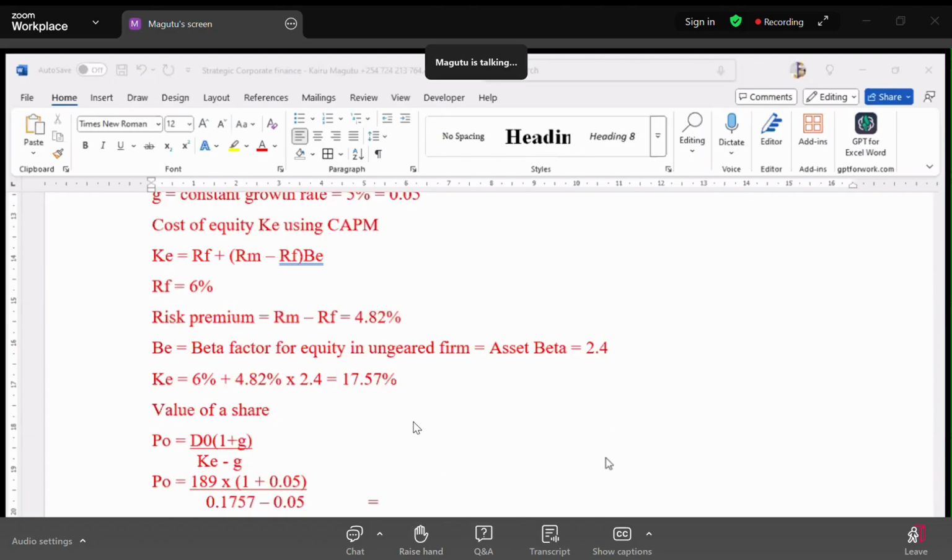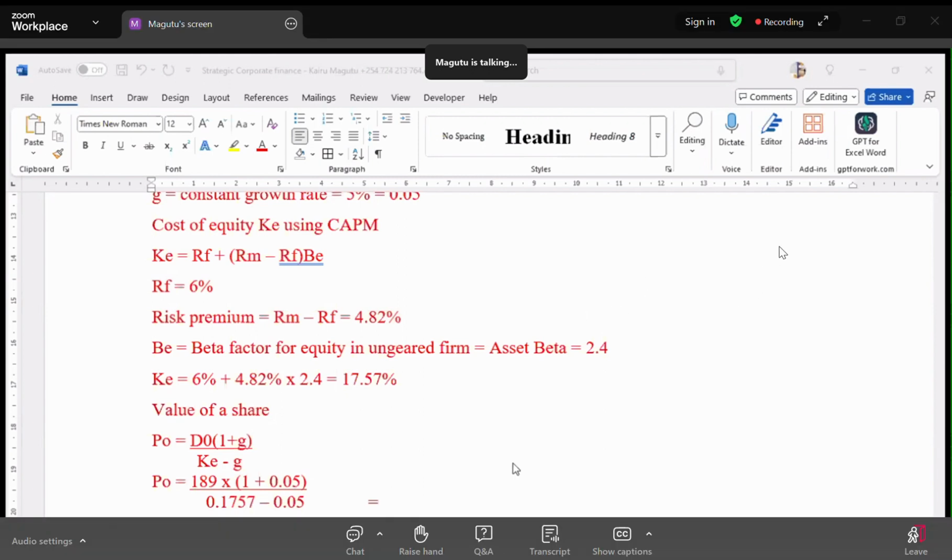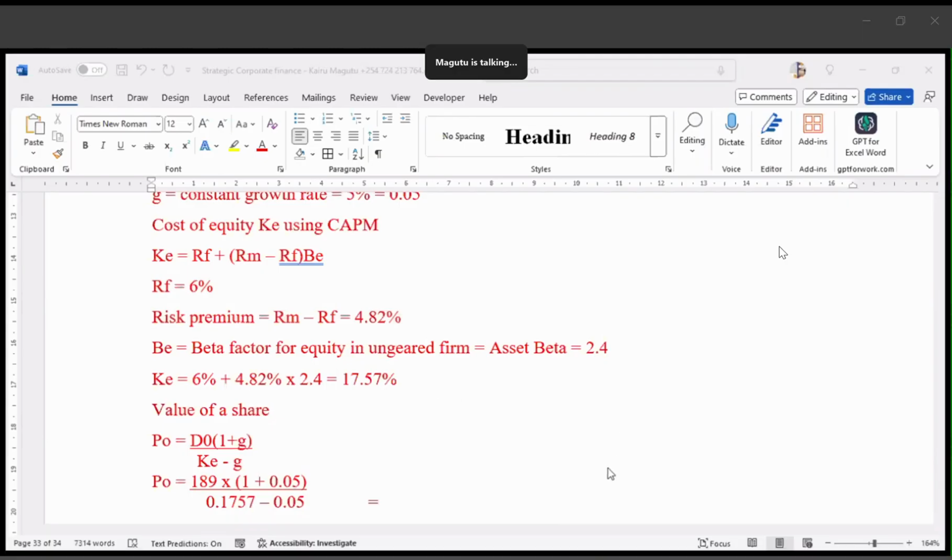How much is it? 1578.75. Another one says 14.28. 1578.7. Let's get it from another person. 1578.758.